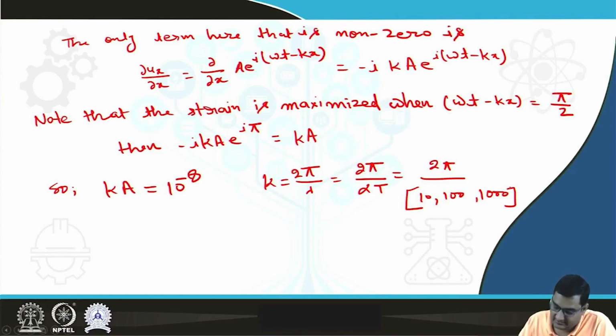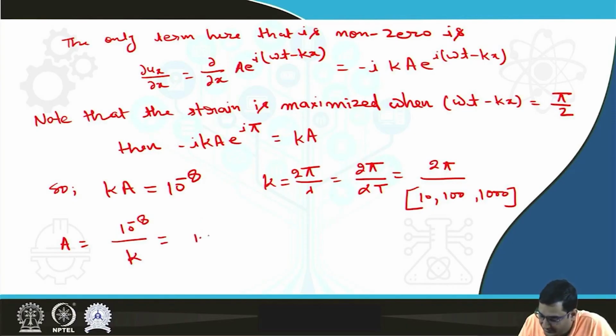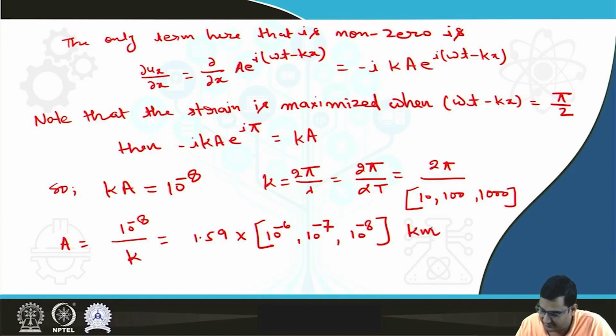So basically the value of A will be 10 to the power minus 8 divided by k, and that is basically 1.59 into 10 to the power minus 6, 10 to the power minus 7, 10 to the power minus 8 kilometers, right?